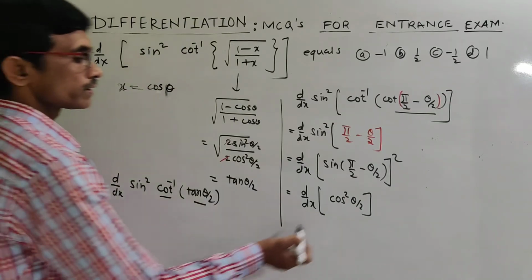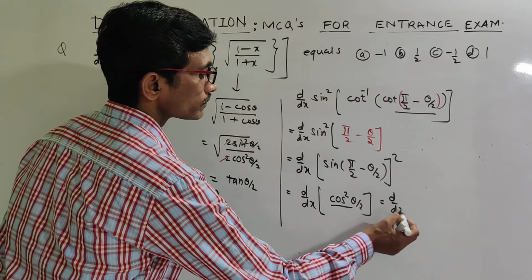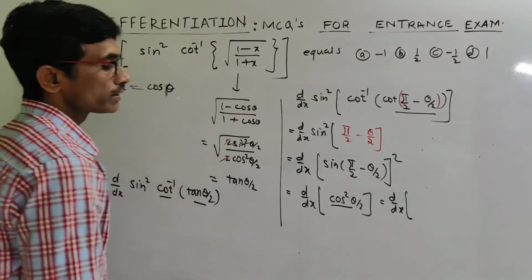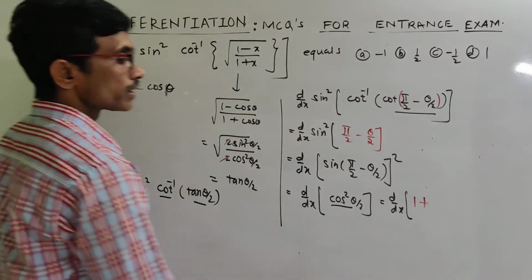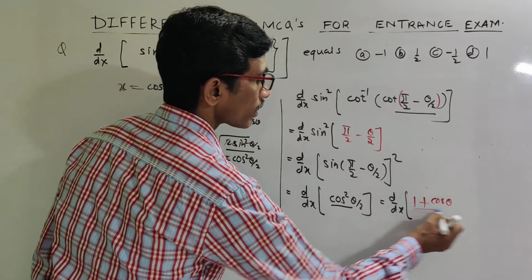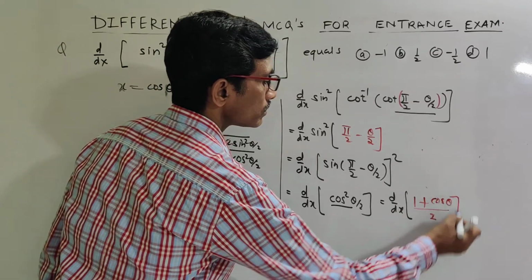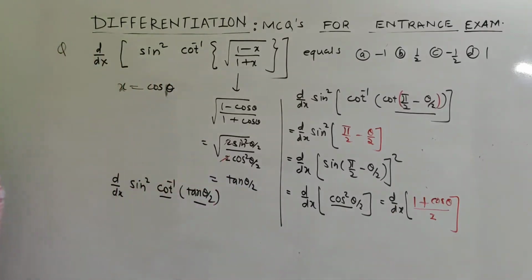And this cos square theta by 2 will write as 1 plus cos of theta upon 2. So 1 plus cos theta upon 2 is cos square theta by 2.